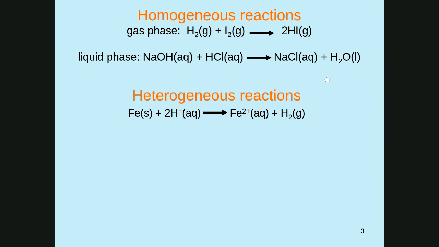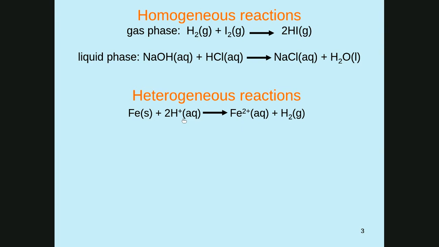Then the other class of reactions are the heterogeneous reactions. Those are the reactions that occur at the boundary between two bulk phases, and these are very common, very numerous. I've already shown you this reaction here, which is the oxidation of iron by an acid, which is an example of corrosion. Now, corrosion reactions are basically heterogeneous processes.